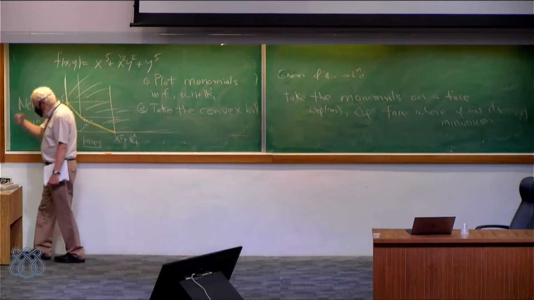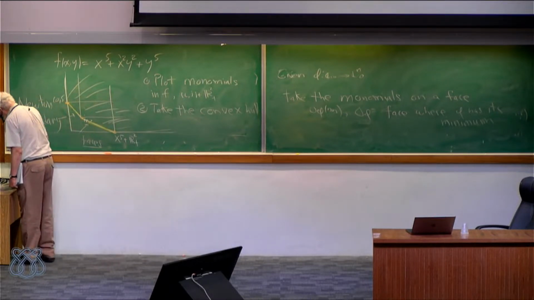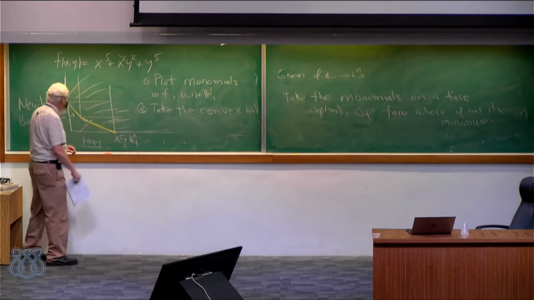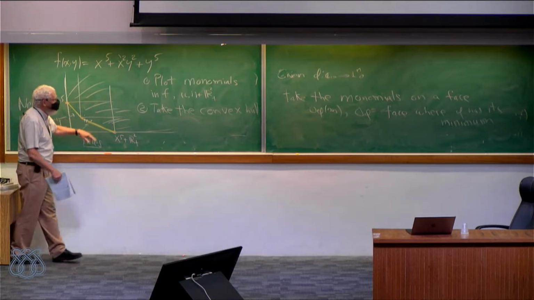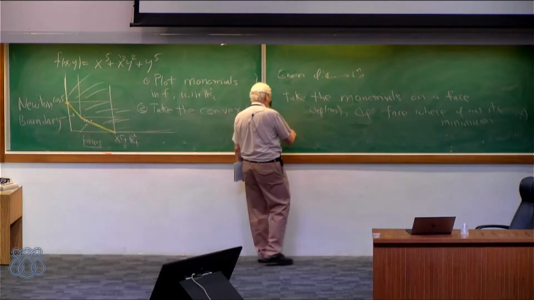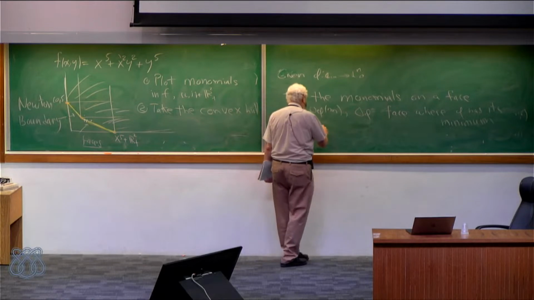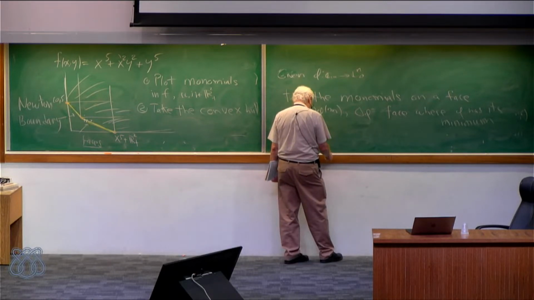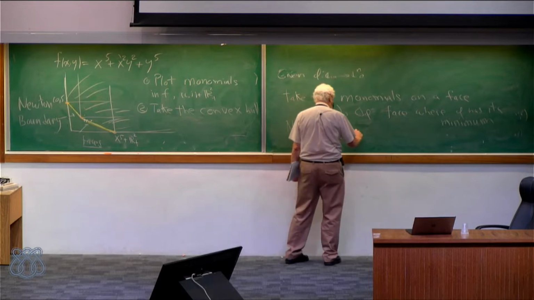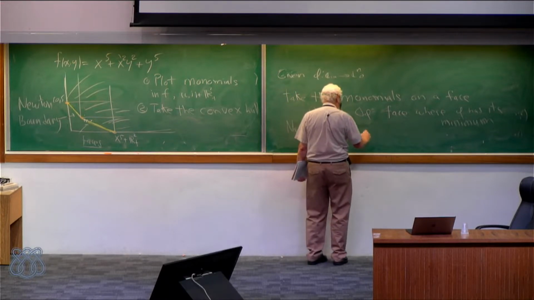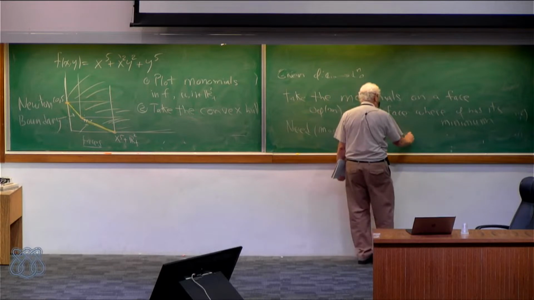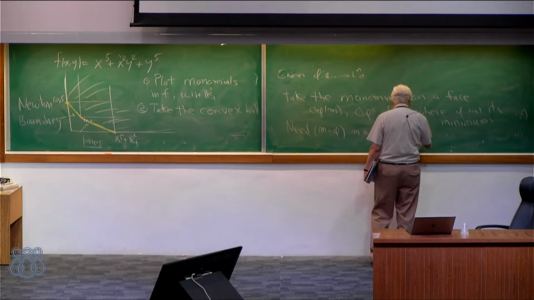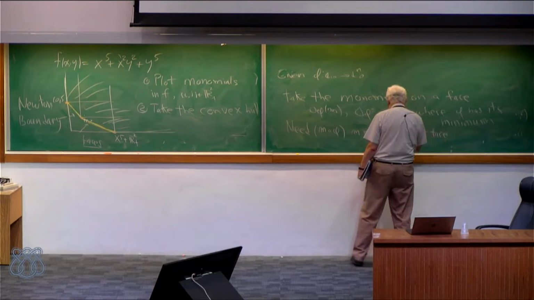So what we want to have happen, what must happen, is that when we compose phi with the parts of f that are on delta phi, so we need m composed with phi, where m is a monomial on the face that comes from f.